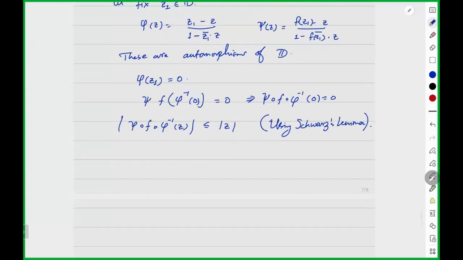Now what can we do here? If in place of z we write phi of z, what happens? Psi of f of z, this modulus is less than or equal to phi of z.